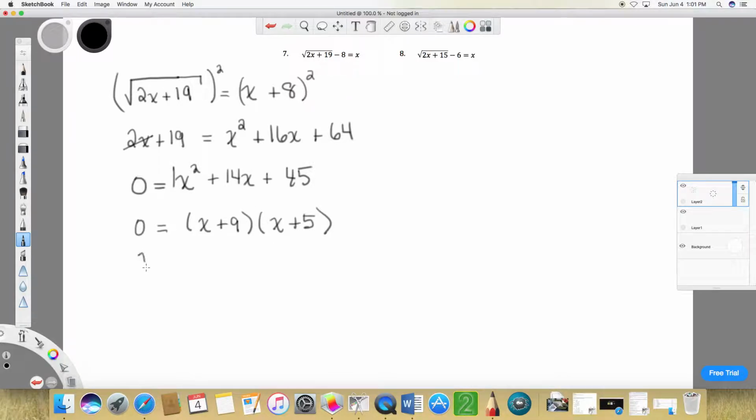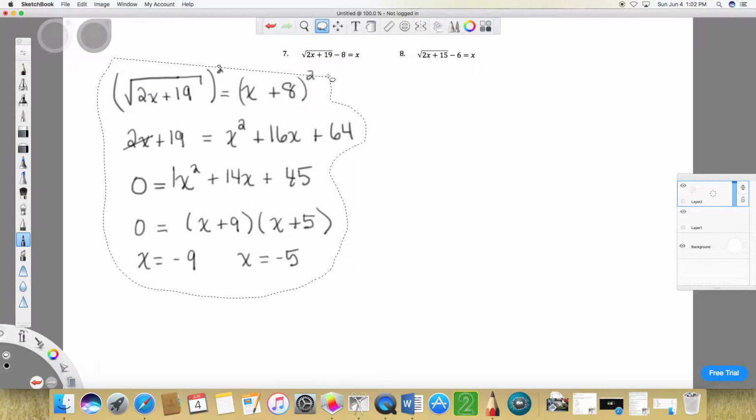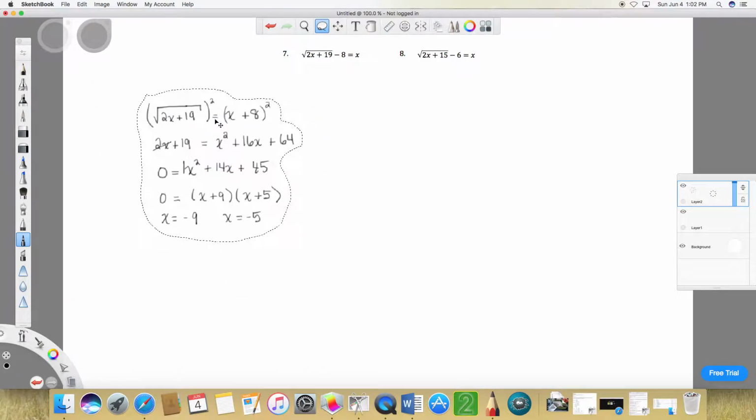So this gives me possible solutions of -9 and -5. But we need to check those. We're not ready to say that those are our final answer. We're just ready to say that's the final list of potential candidates that are solutions to this equation.